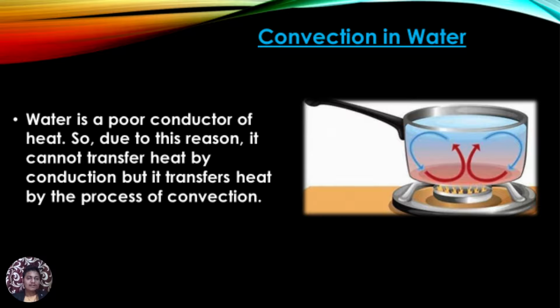The process continues until the whole water in the pan reaches the equal temperature, and this is called convection in water. Because conduction is going on in the pan, but convection is going on in the water in the pan. So convection can only be in gas or liquid.